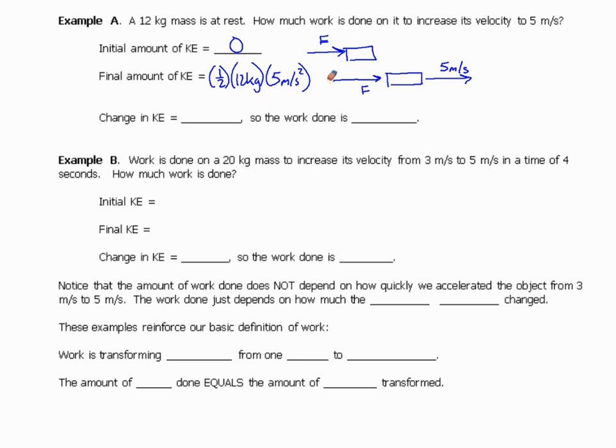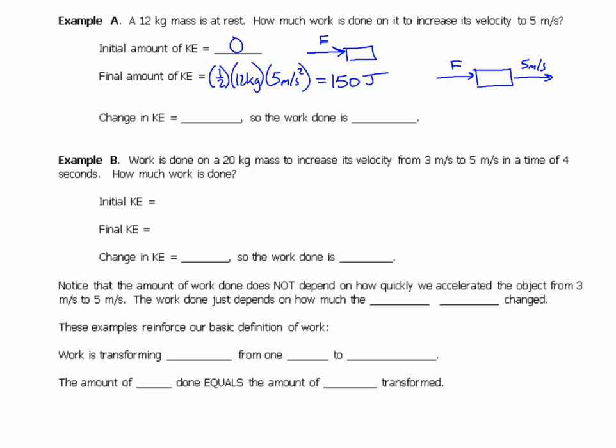Let's move this over. 150 kilograms times meters squared divided by seconds squared is joules. Newton meters per joule. I'll redraw my picture here. There we go.